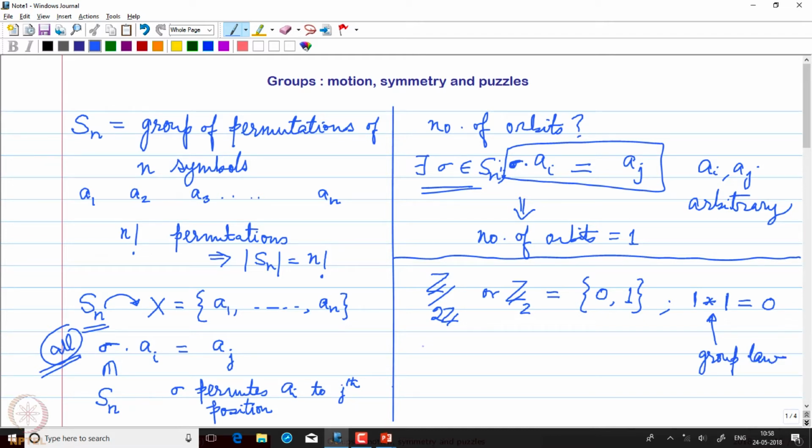In general, we have Zn, and this is called the cyclic group of order n. What is Zn?